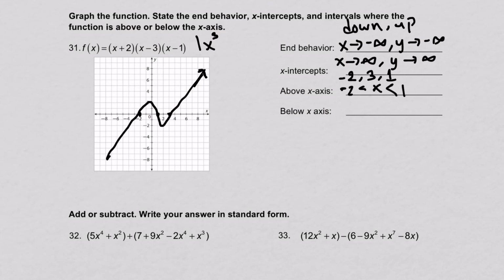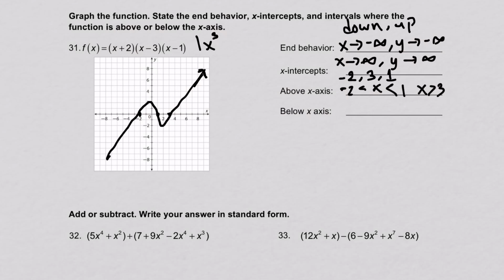Also, from positive 3 on, so as long as x is greater than positive 3, it'll be above the x-axis. I'm not including equals, because if I put equals, then it's right on the x-axis. I don't want it on the x-axis, I want it above the x-axis. So between negative 2 and 1, and after 3.